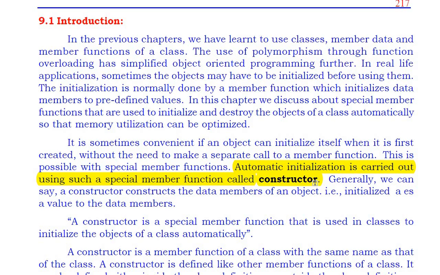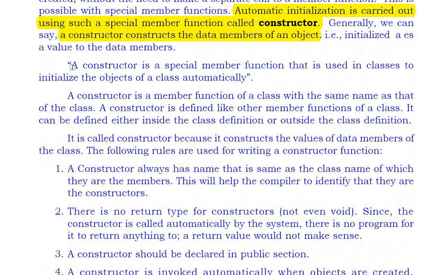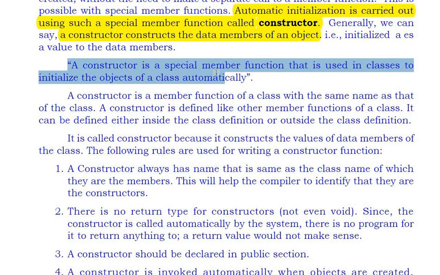Initialize means giving an initial value, storing an initial value. A constructor constructs or creates the data members of an object. So a constructor is a special member function that is used in classes to initialize the object of a class automatically.